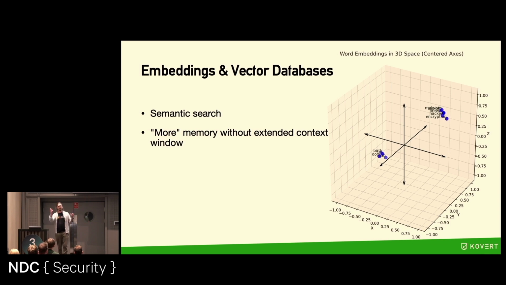So you can get a spatial definition or a location of words or phrases, and with that you could store data in this space and then pick it up later as a sort of semantic search to add that semantic data to the context window.